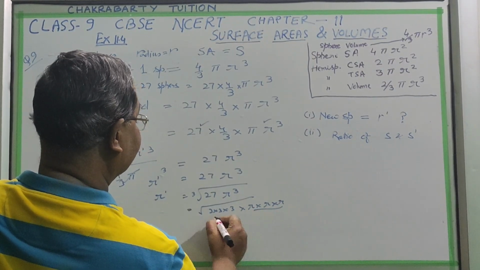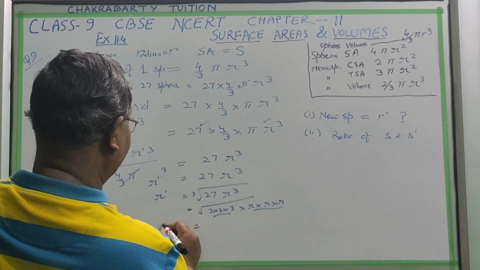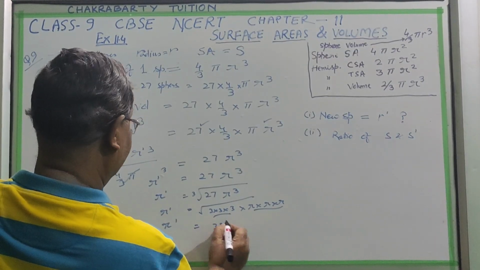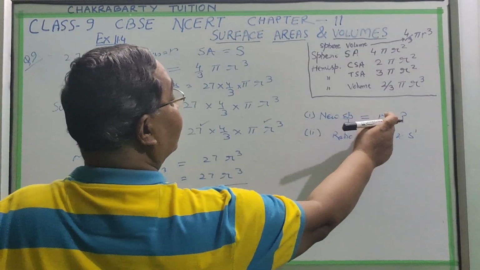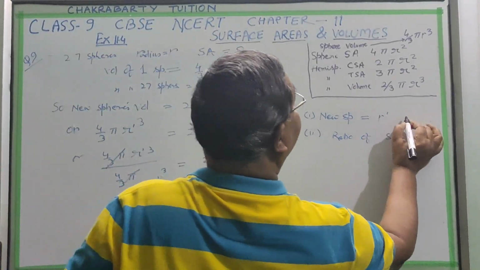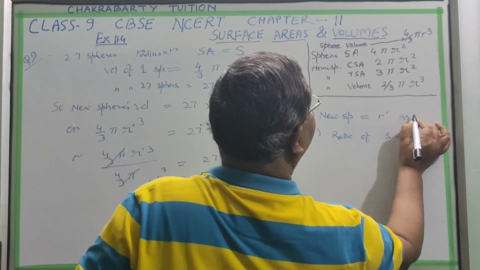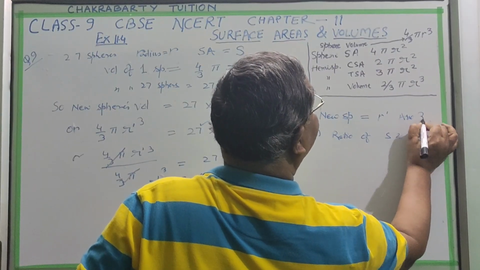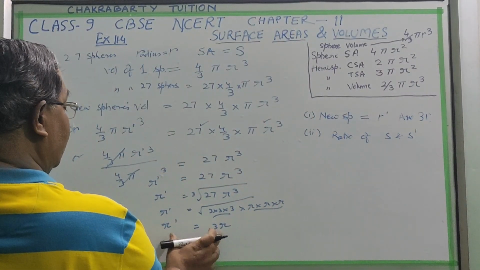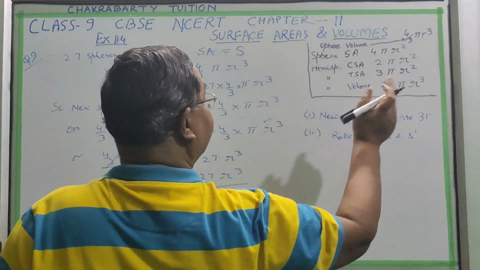So we will make pairs of 3, so r dash will be 3r. So this is the new radius. Here your answer will be 3r. New radius will be 3r.